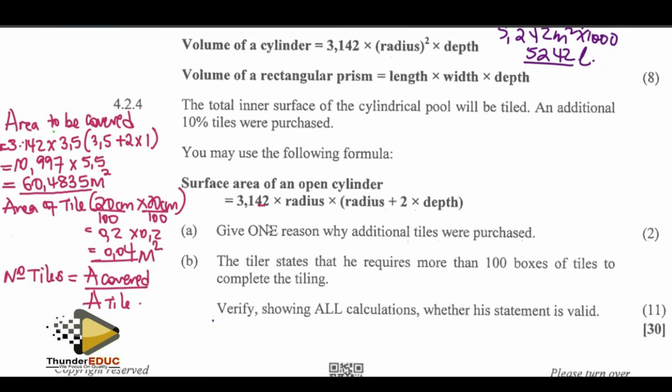So here becomes 60,4835 divided by 0,04.